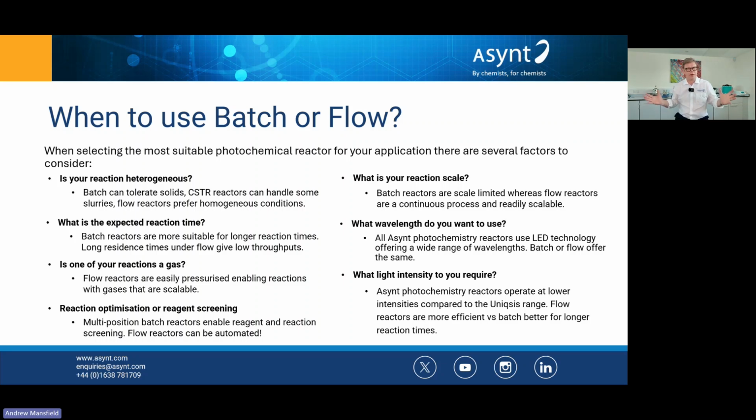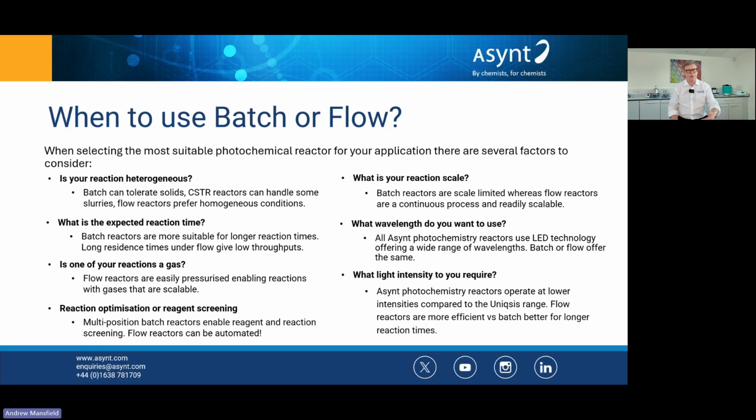They can tolerate solids. We can have even a highly viscous material and have high torque stirrers that can handle solids. So when we have a solid material, batch reactors will always be the chosen method.